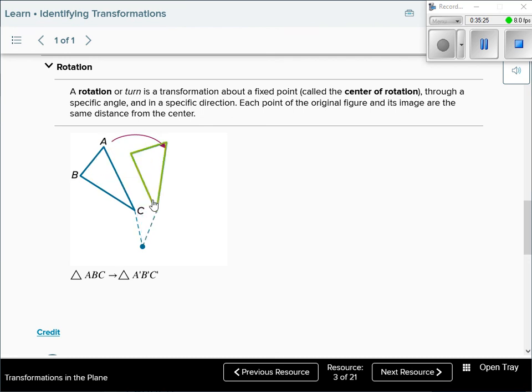I guarantee that when we start to do this freehand, if I draw a triangle here and say we want to rotate this 72 degrees counterclockwise, a whole bunch of people will end up messing it up, and it's not as hard as everybody makes it out to be, as long as you do the steps or the process to get it.